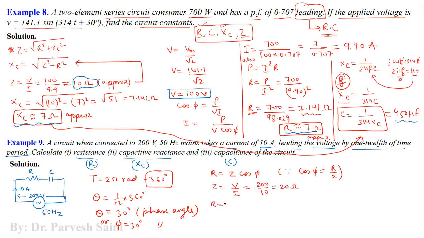So R is equal to 20 into cos 30 degree. So it is equal to 10 into root 3. So this is almost 17.32 ohm, right? So this is the value of resistance.